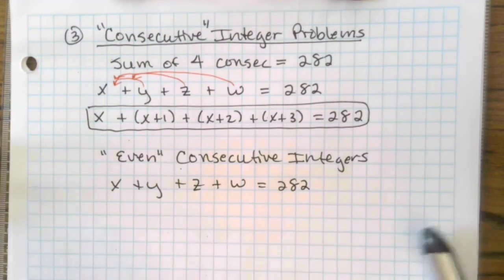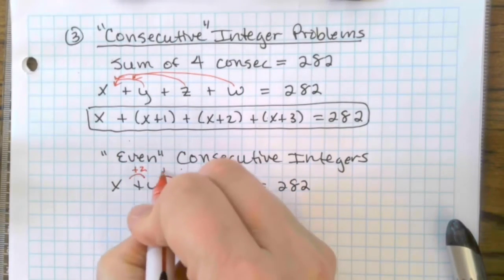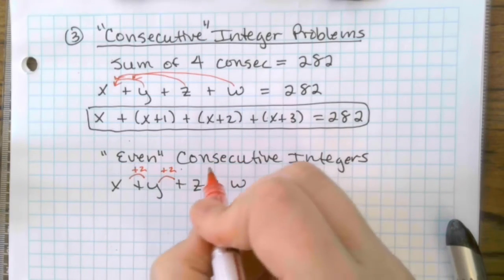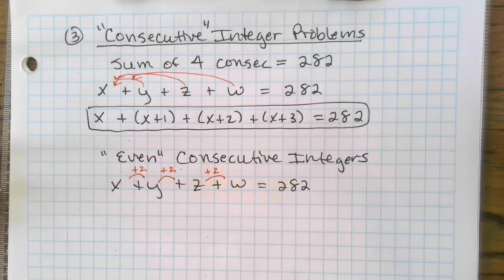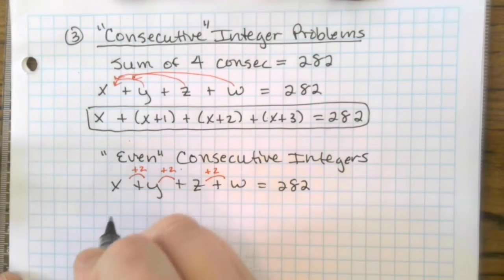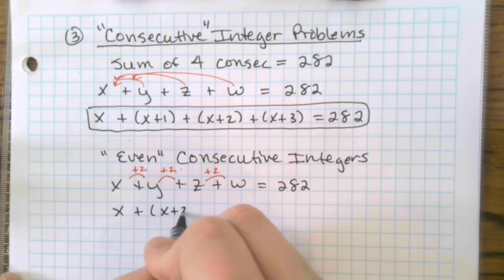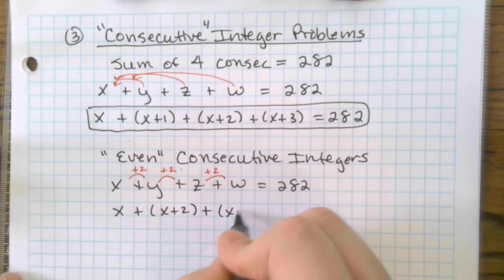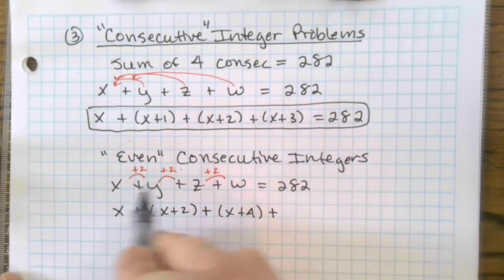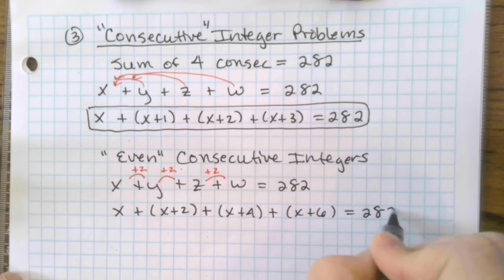Okay, well, this means that you have 2's in between, because that's how consecutive integers work: 2, 4, 6, 8, 10, 12, and so on. So your equation, you're going to do your starting x, and then for y, you're going to go x plus 2. For z, it's 1, 2, 3, 4, x plus 4. For w, it's 2, 4, 6, x plus 6 equals 282.